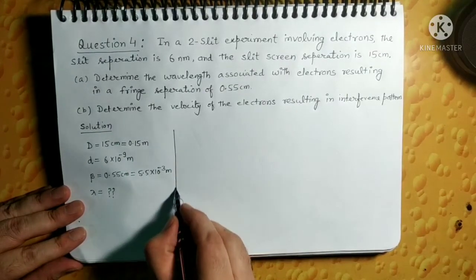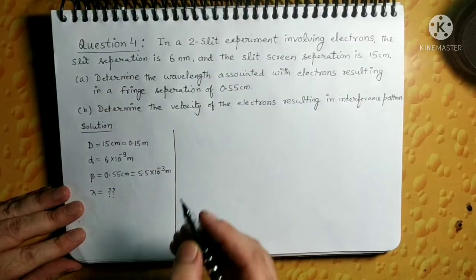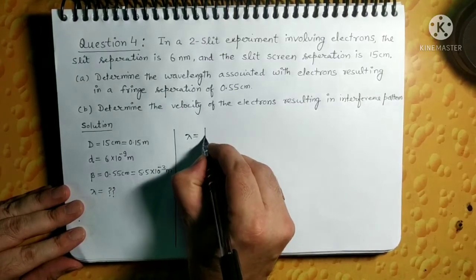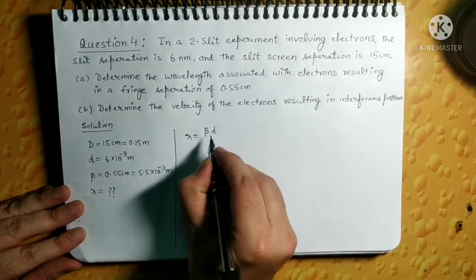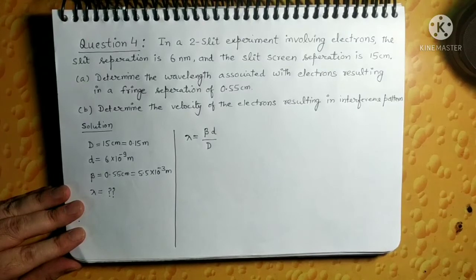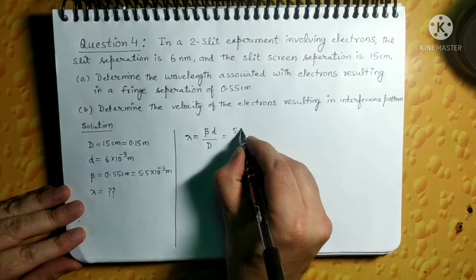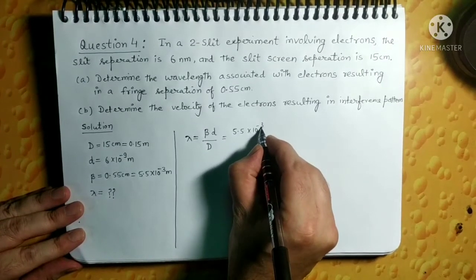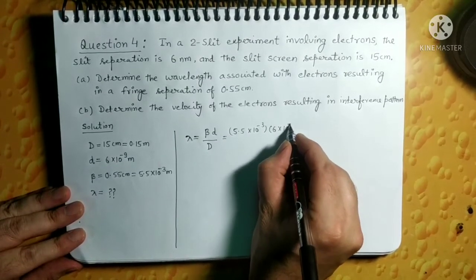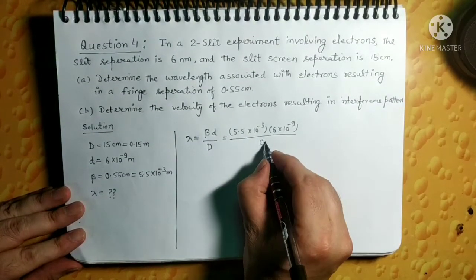So the relation between lambda, beta, small d and capital D is given for two slit interference. It is given as lambda equals beta times d upon capital D. So to calculate this, we will substitute the values of these parameters. So 5.5 into 10 to power minus 3, into 6 into 10 to power minus 9, divided by 0.15.